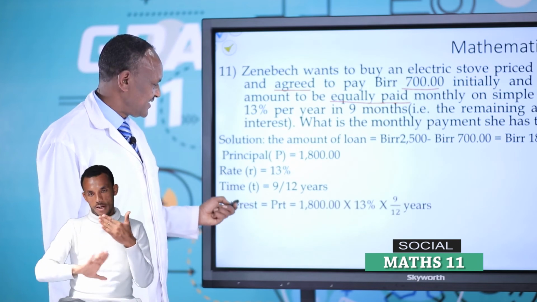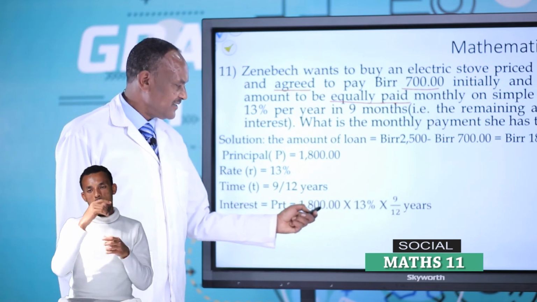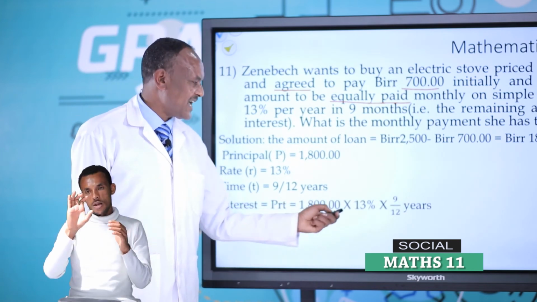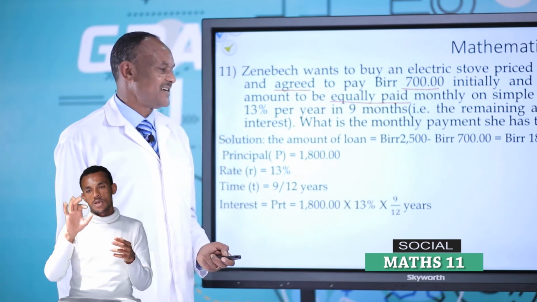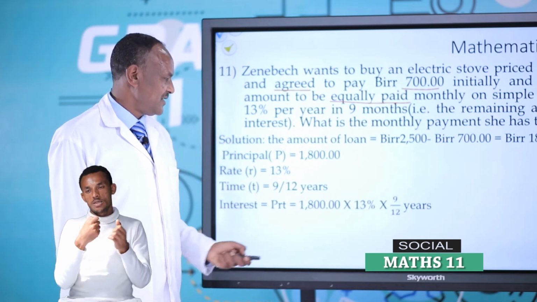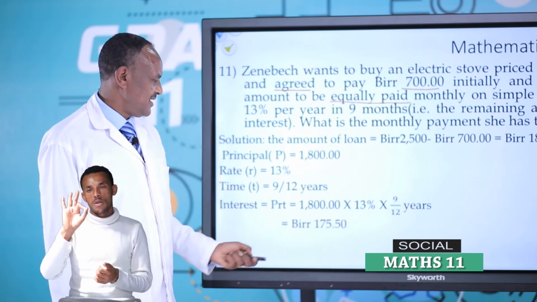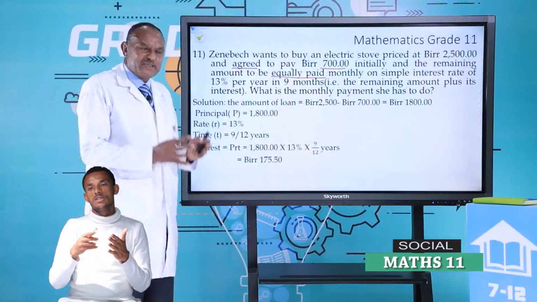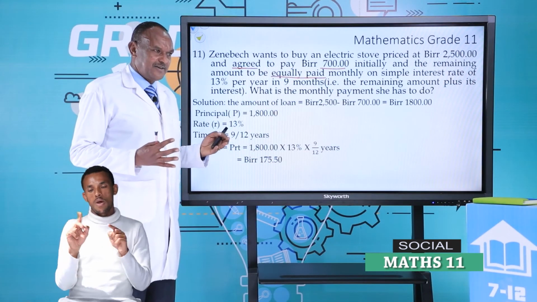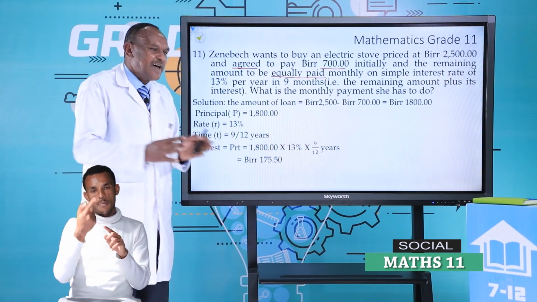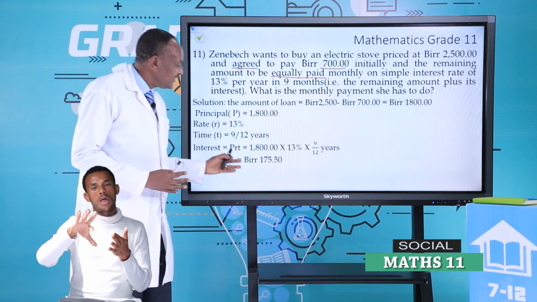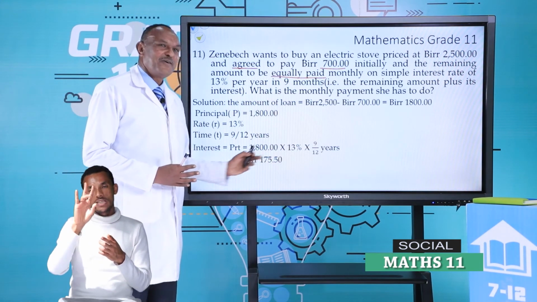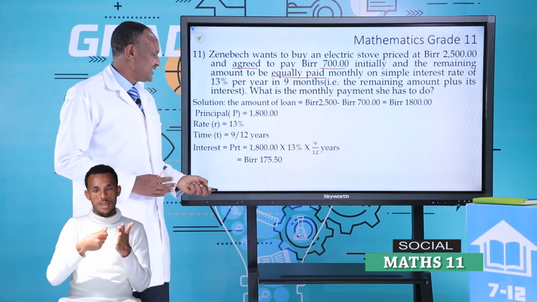The simple interest is PRT: the remaining amount 1,800 times 13% multiplied by 9 over 12 years. When this is simplified, you will get 175 birr and 50 cents. So the seller has an advantage. By giving 9 months to pay, he is indirectly getting 175 birr and 50 cents.